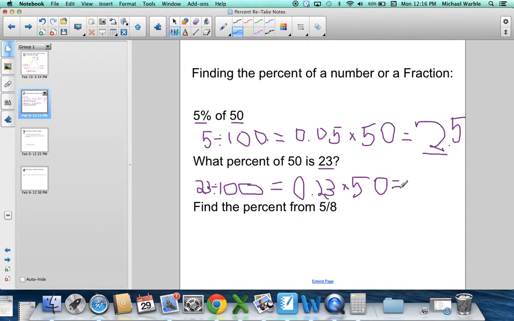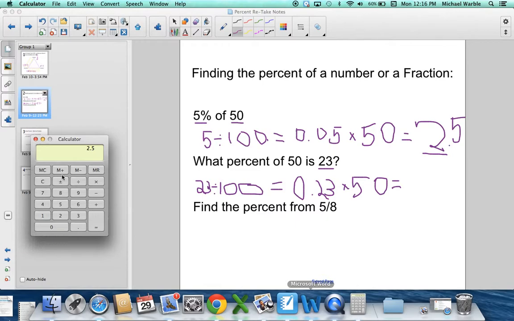And that's going to equal, let's get the calculator, 0.23 times 50. You get 11.5.